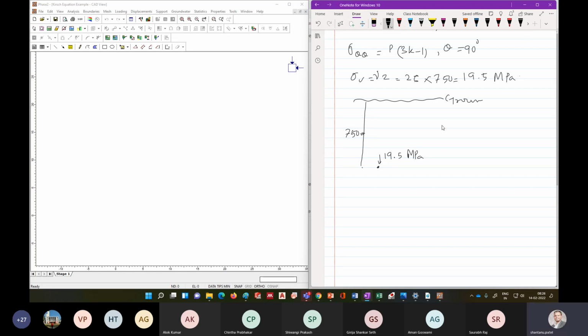And when we say K equal to, let's say, 0.2, that means sigma H by sigma V equals 0.2. So sigma H becomes 0.2 into 19.5. So this becomes how much?